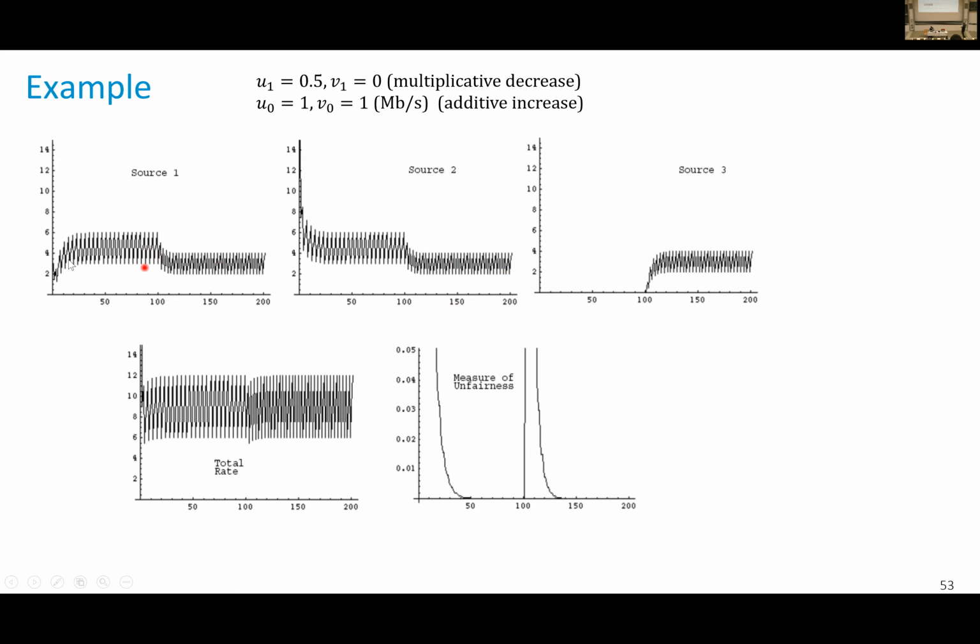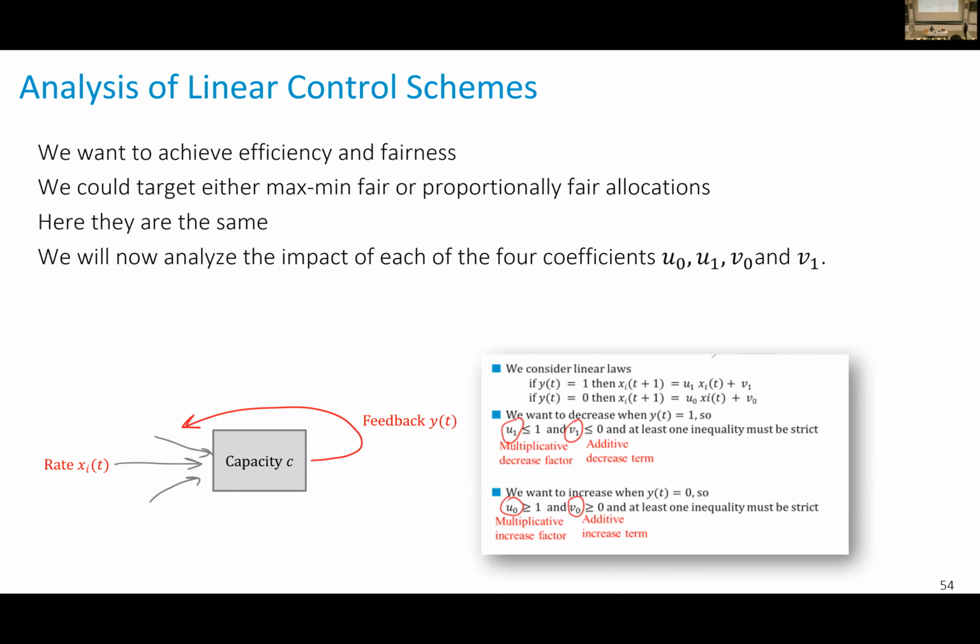They sense indirectly that source 3 is now active, and they are forced to decrease here. So this seems to work. We see that the total link capacity oscillates around the limit, and this provides fairness, at least in the case of a single bottleneck. Both notions of fairness we have are the same. They should have 1/3 of the link capacity each, which is what is obtained here.